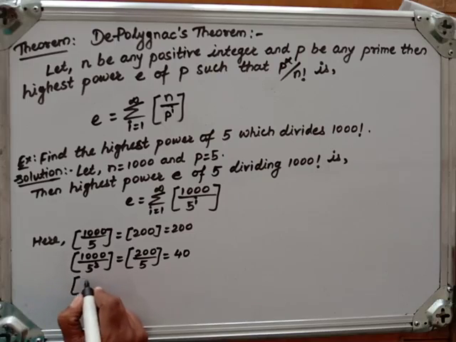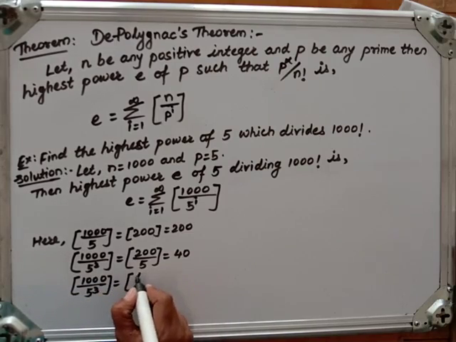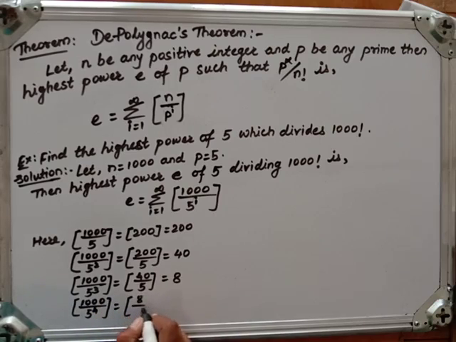Next, 1000 upon 5 cube is 40 upon 5, that is equal to 8. Next, 1000 upon 5 raised to 4 is 8 upon 5, that is equal to 1.